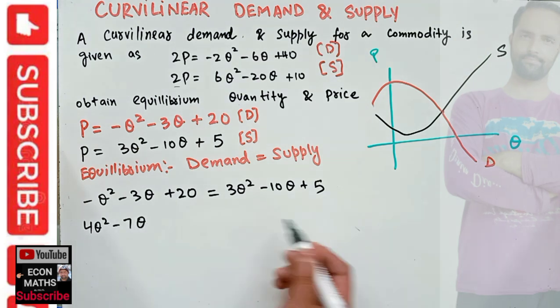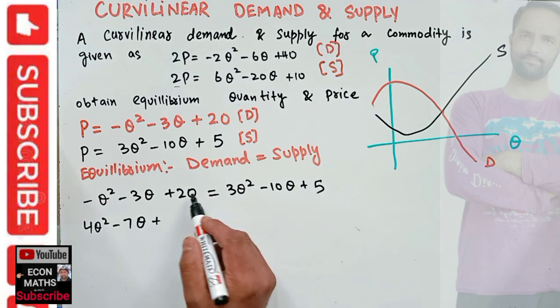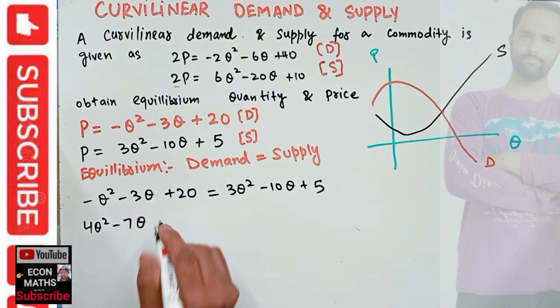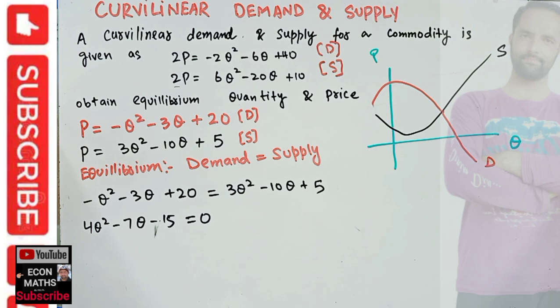I hope I am making sense here. Plus we have 5 minus 20, which comes out to be -15. It should be equal to 0. Now this is a quadratic equation.